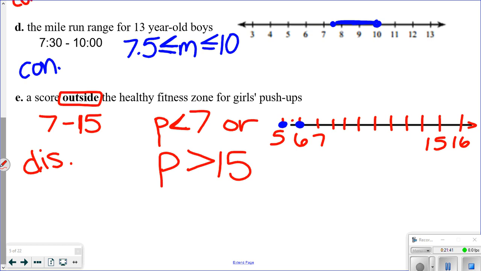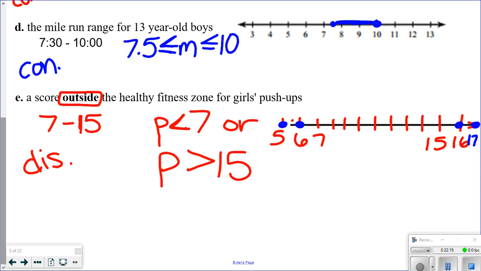If I could fit 4 up here and 3, 2, 1, 0, we would do that. Not a circle at 15, but I can do one at 16, and let's pretend this is 17 right here. We can do 17 as well. 18, 19. Those are considered outside of our healthy fitness zone, so make sure they have points that are closed, that are filled in. This is a disjunction. We're disconnected. We're going apart. We're going opposite directions.